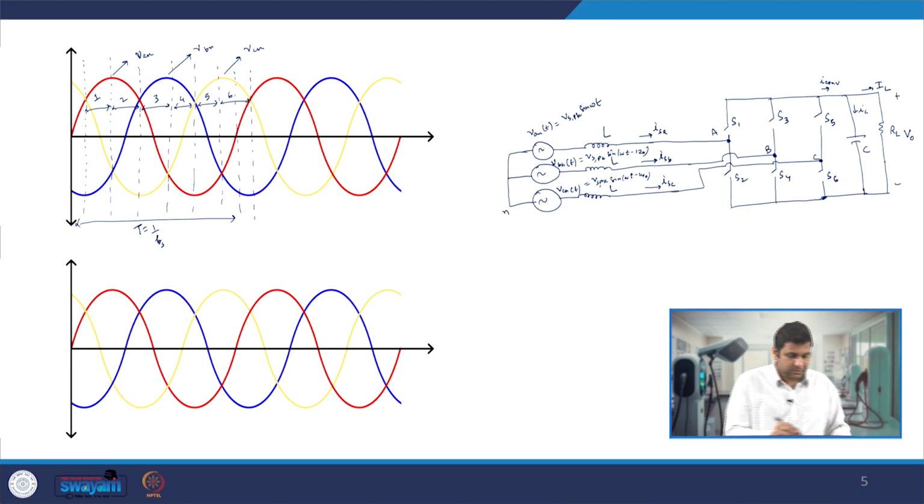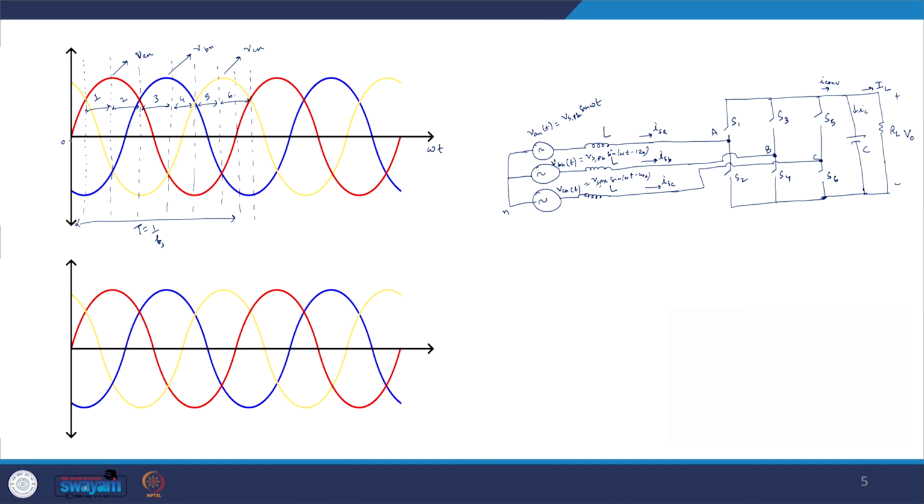And this is 0; with respect to omega t or theta, it is 0 angle. Similarly, we can define other angles like pi by 6, pi by 2, 5 pi by 6, 7 pi by 6, 9 pi by 6, 11 pi by 6 and 2 pi as shown over here.